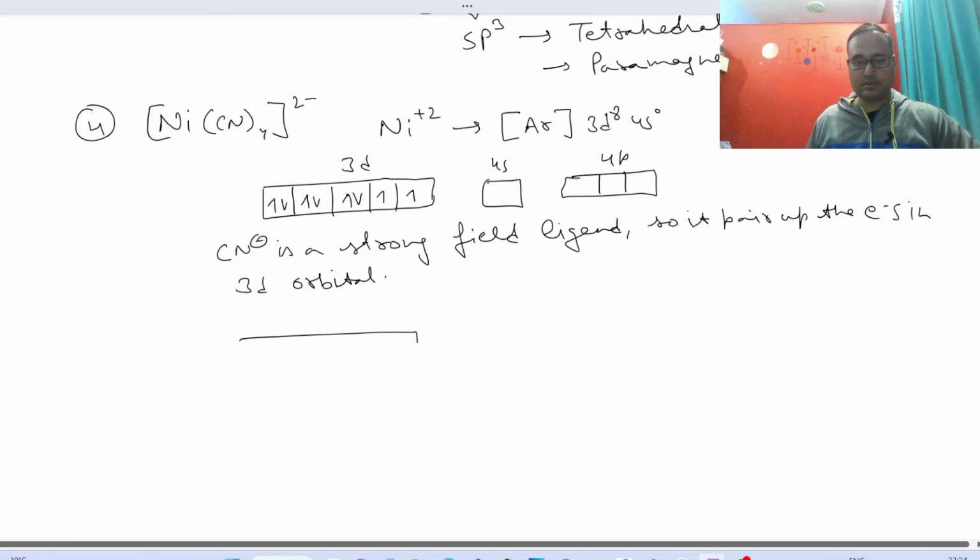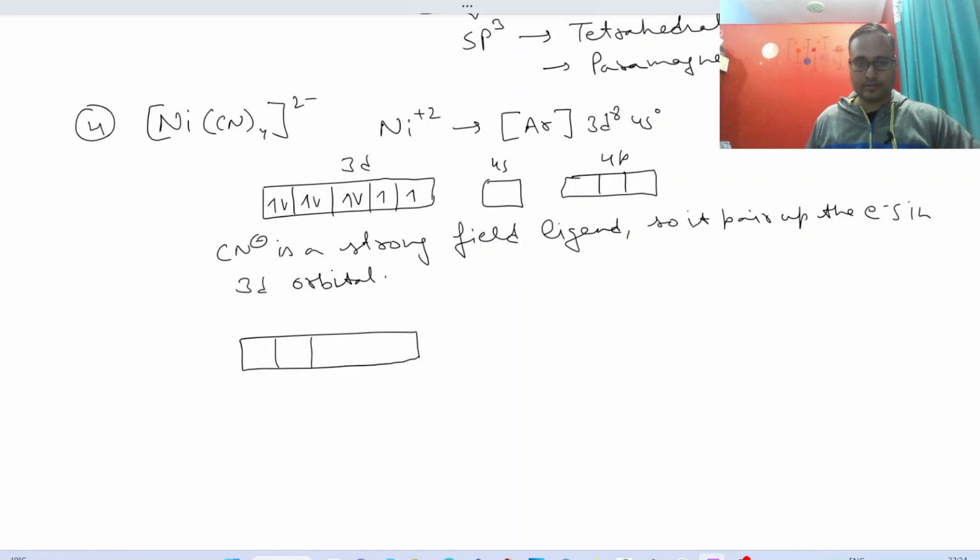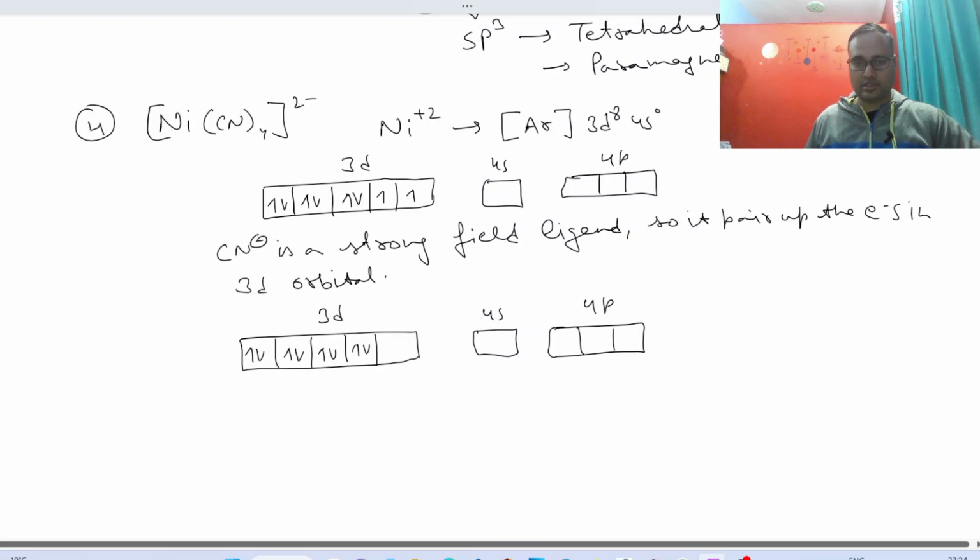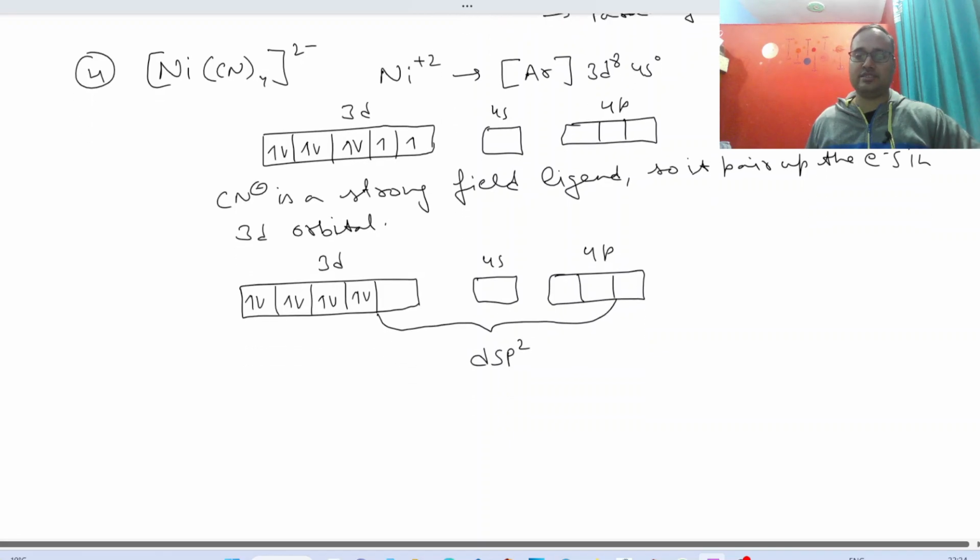So they will be represented as this. This one is our 3d orbital, and we have one empty 3d orbital, 4s and 4p. So this time 1d, 1s and 2p orbital will be involved in hybridization, that is dsp2 hybridization would be there.